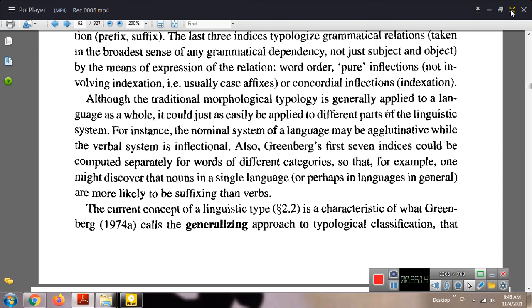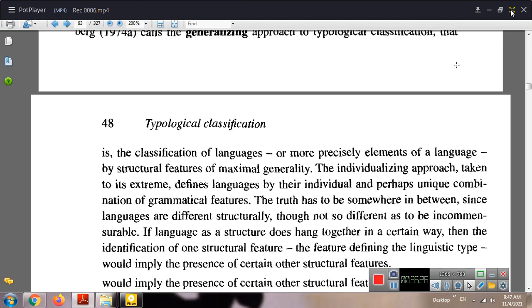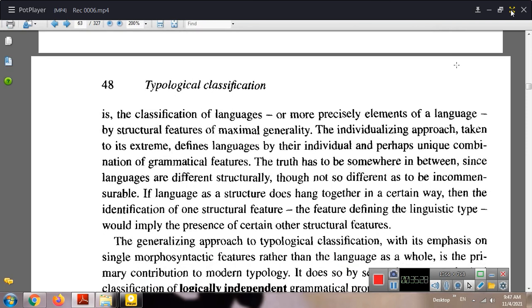The current concept of a linguistic type is a characteristic of what Greenberg calls the generalizing approach to typological classification, that is, the classification of languages, or more precisely elements of a language, by structural features of maximal generality.